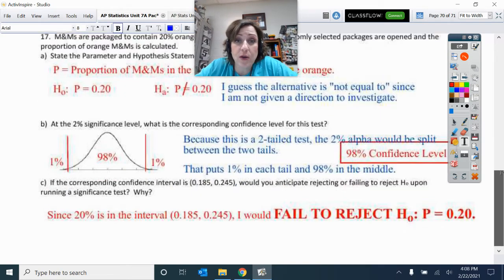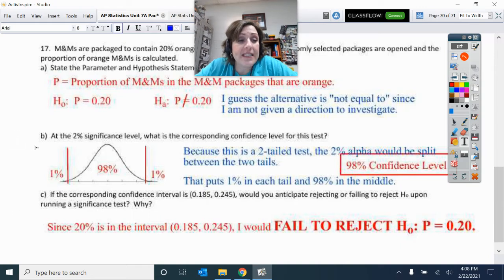Then look at question B. At the 2% level of significance, that is your alpha. Okay, 2% level of significance is your alpha. So alpha is 0.02, and that is the rejection region.